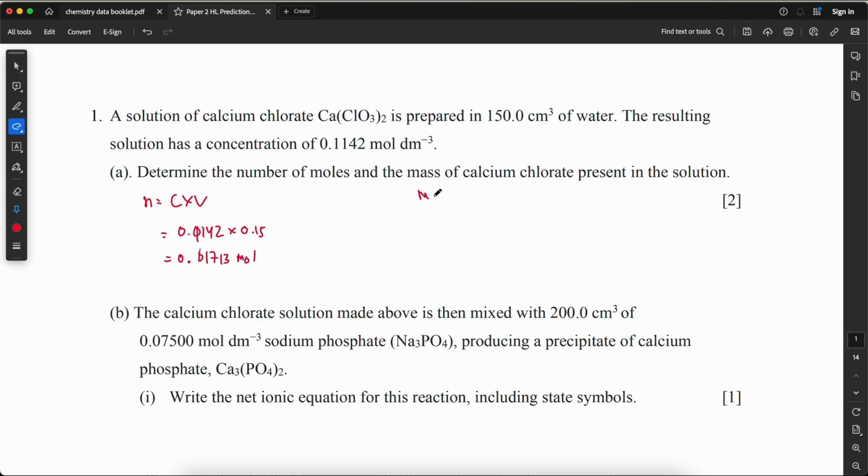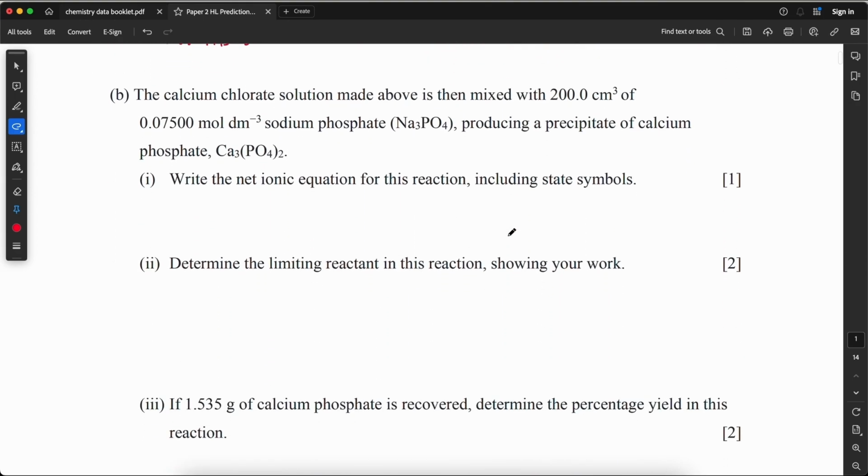And to find the mass, it's mole times Mr, which is 0.01713 times 206.98, the molar mass of this Ca(ClO3)2. Then you will get 3.546 gram.